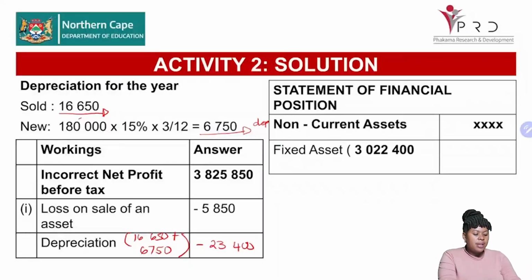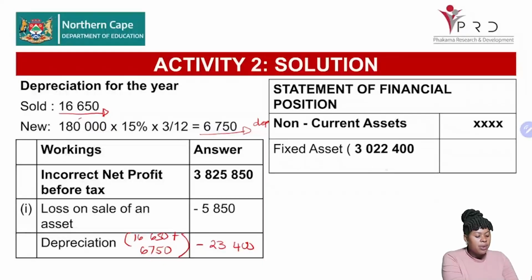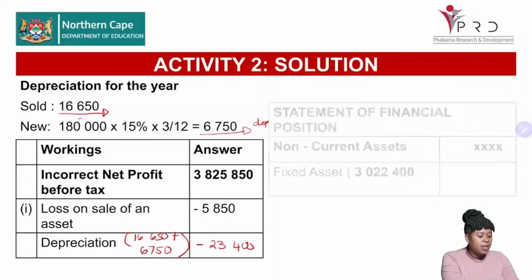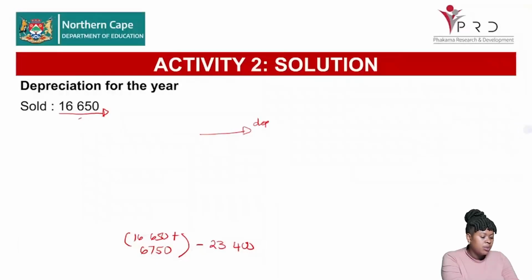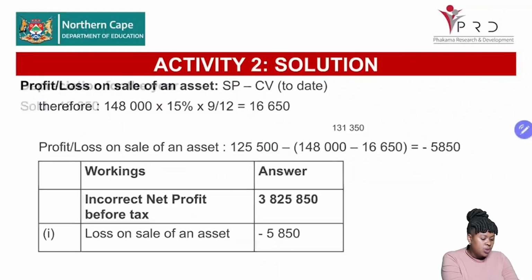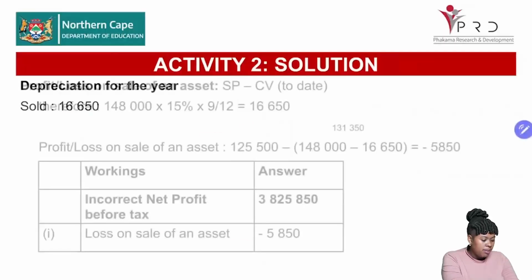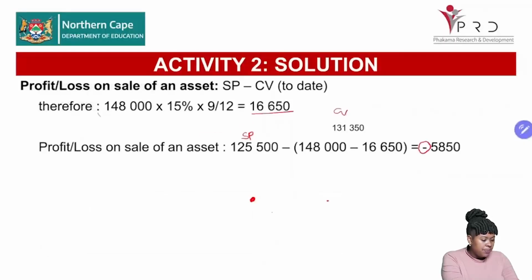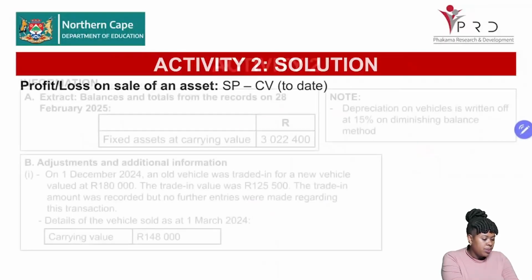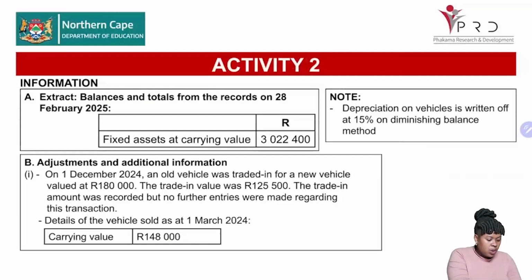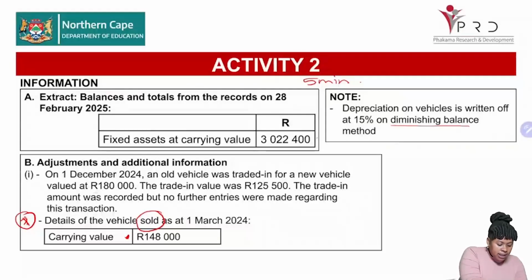Okay, so they've given us our fixed assets in the statement of financial position, and we need to now do the changes because they said the bookkeeper did not take it into account. Let's quickly go back to our information so we can see what we are talking about. Okay, so there it is. It says on 1 December, an old vehicle was traded in for a new one at 180.